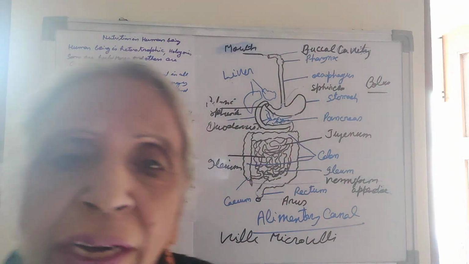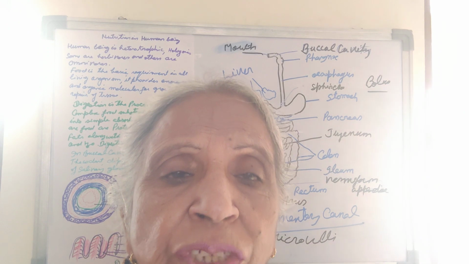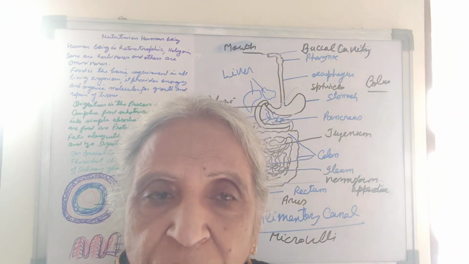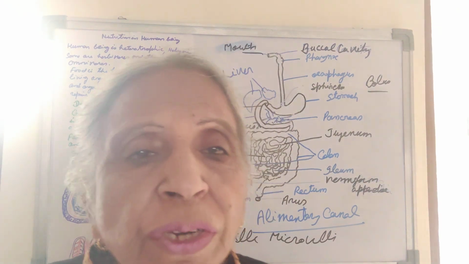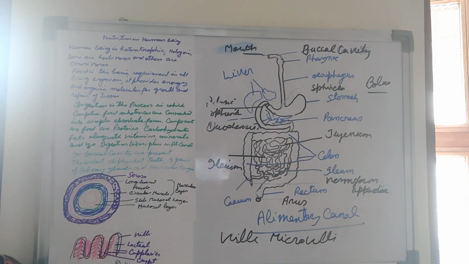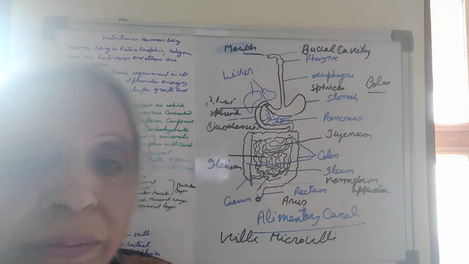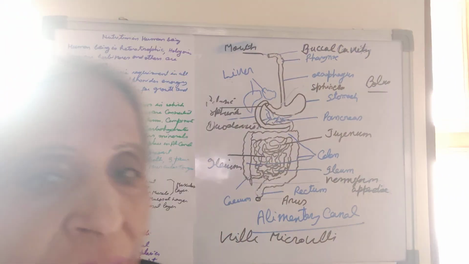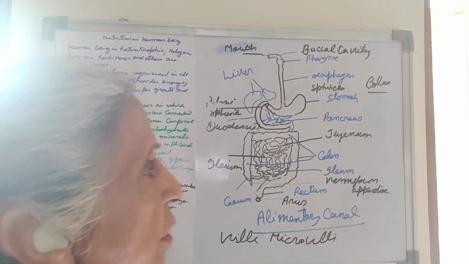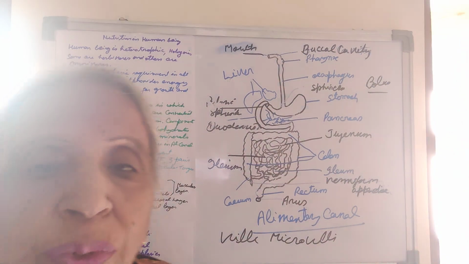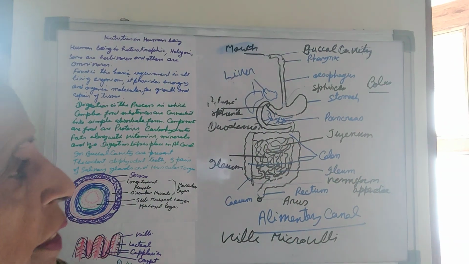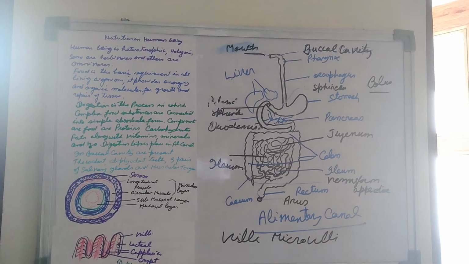The alimentary canal has many organs which take part in digestion. Mouth leads into the buccal cavity. Buccal cavity leads into a small sac-like structure called the pharynx. Pharynx leads into a tube-like structure called the esophagus, and esophagus leads into the stomach.